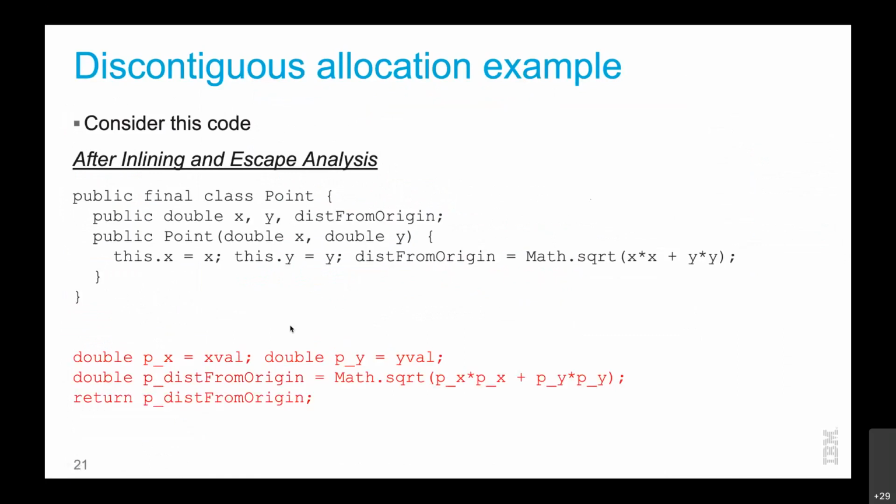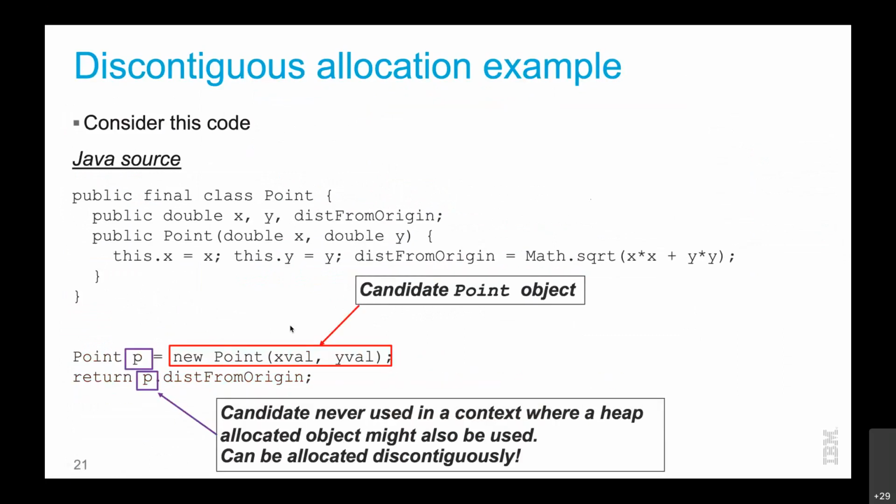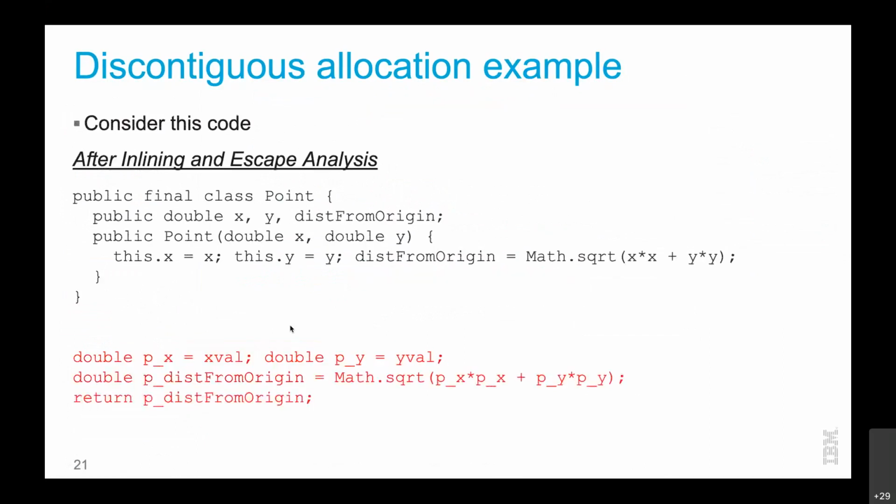Right. So with this example, we've got this point object that's only used in the one spot. No other thing can be accessed through the same variables, and so it ends up creating several local temporaries to represent the fields of the stack allocated object, px, py, and pdist from origin.